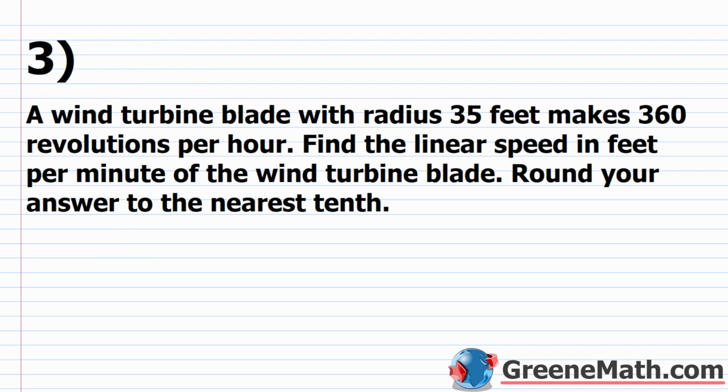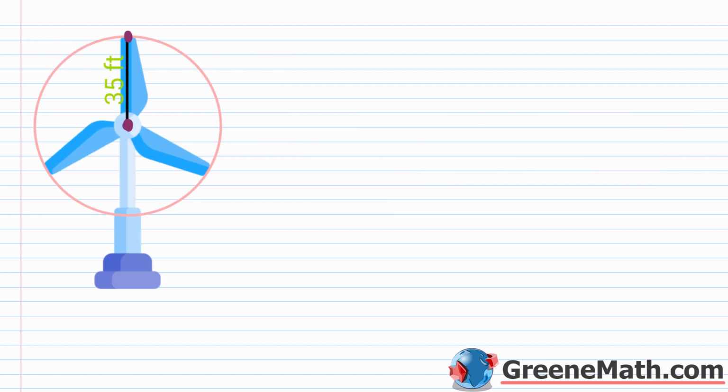Now coming back up, we are specifically asked to find the linear speed in feet per minute of the wind turbine blade. So what I want to do is start off by just finding the angular speed. So omega is equal to theta, which again is in radians, over t, which is the time.